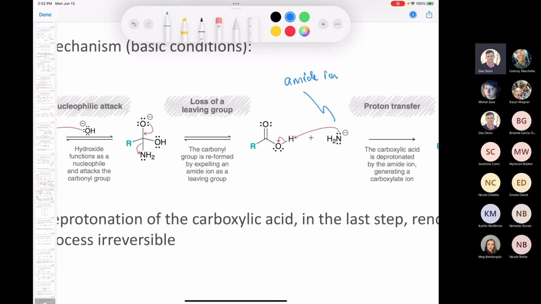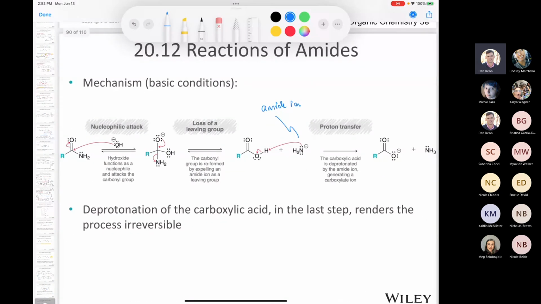Okay, the amide ion leaves, but the amide ion is a very strong base. And so it's going to rip the proton off of that acid to produce the carboxylate. And then, of course, in the last step, you treat it with H3O+, just like you saw in the last slide, and that gives you the carboxylic acid, just like that.